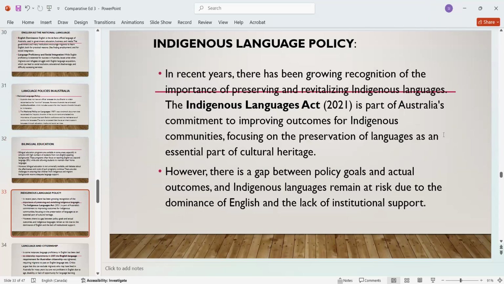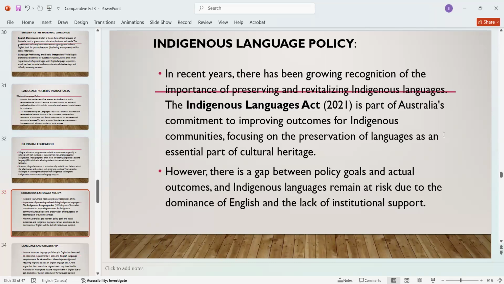So they have formulated an indigenous language policy because they are losing the indigenous languages. Earlier they had 250 and slowly it is reducing. So in recent years, there has been growing recognition of the importance of preserving and revitalizing indigenous languages.